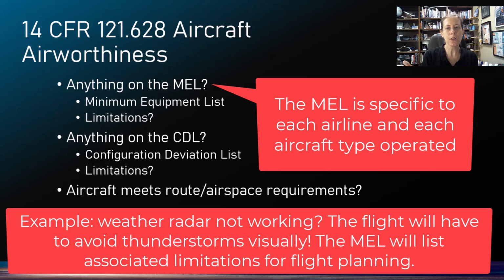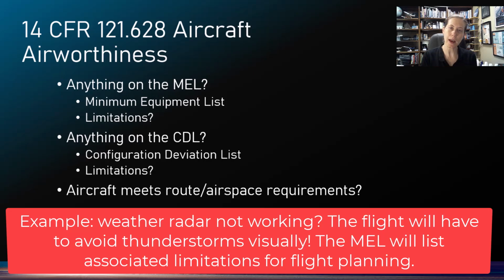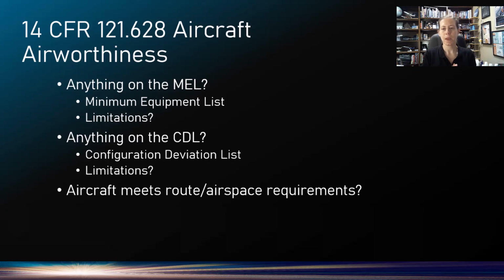Now I can tell you, it's basically going to say you cannot operate in areas of thunderstorm potential, or at night in areas of thunderstorm potential where you are not able to reasonably see and avoid thunderstorms, if you have an inoperative weather radar. And that's just one example.